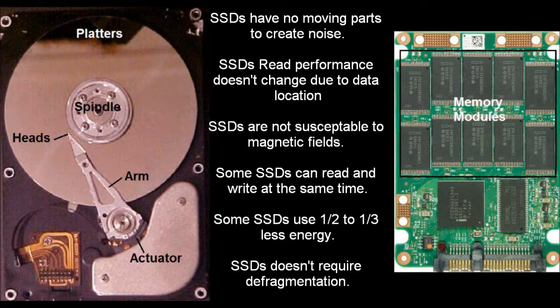If you look to the right, there are no moving parts. No moving parts, no noise. All you have is the memory modules, which I have squared out, and below that are the controllers. That's it. It's all solid state. This is why they call them solid state.